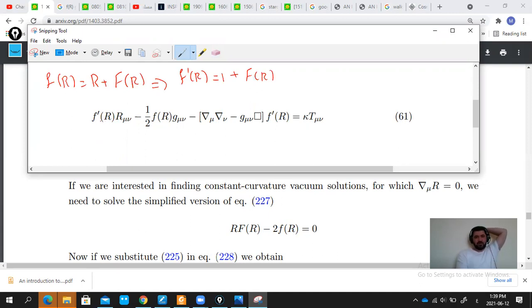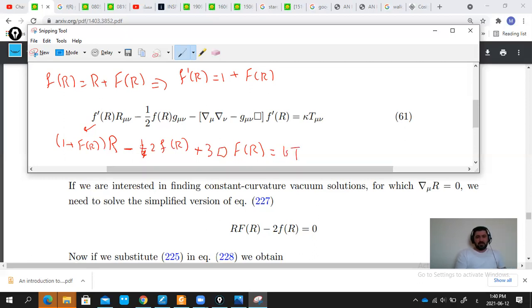So for this one we have 1 plus f(R), multiplied by R. Then from here we have negative 1 over 2 f(R), but that should be negative 2 f(R), and from here positive 3 Laplacian f(R), which equals kappa T.